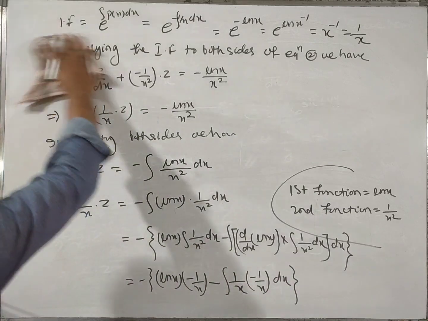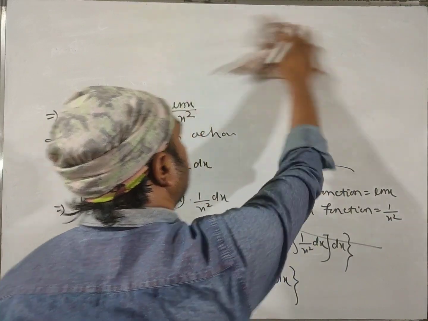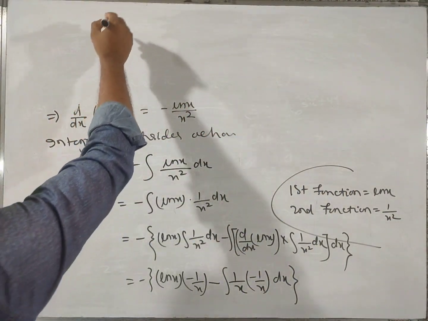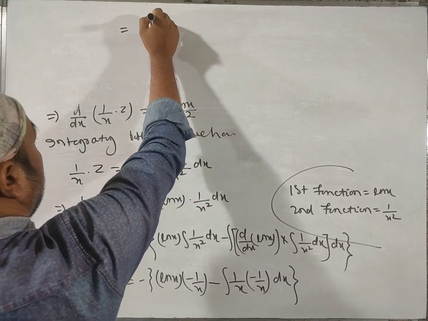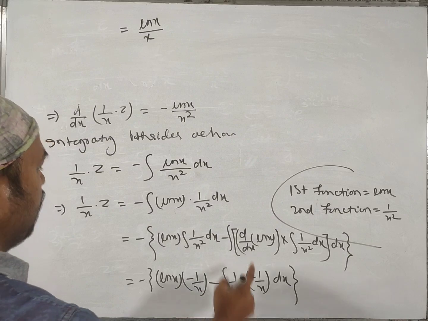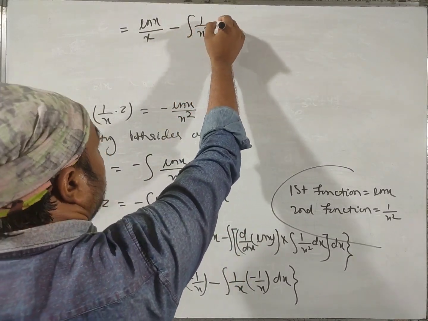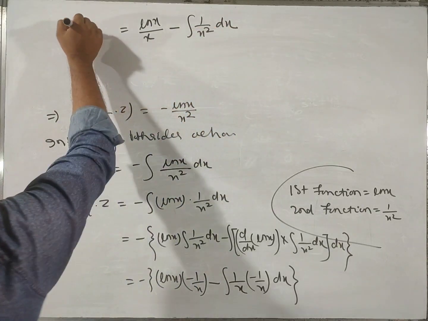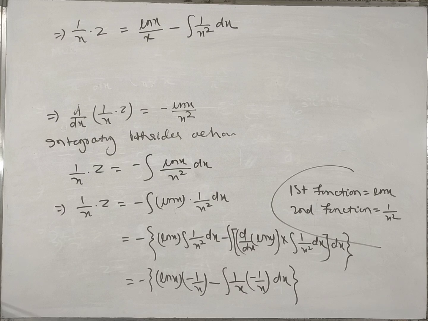Then simplifying this step, we have, minus minus plus, so it will be ln x divided by x minus integral of 1 upon x square dx. Here it is 1 by x into z in the left hand side.